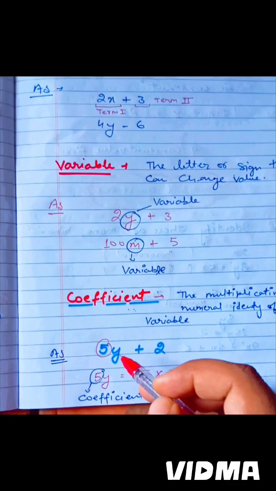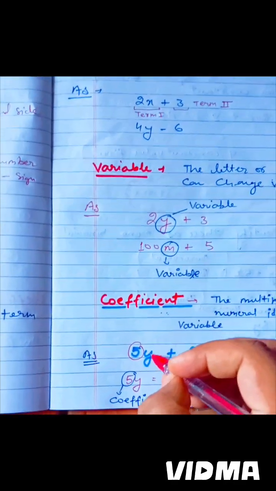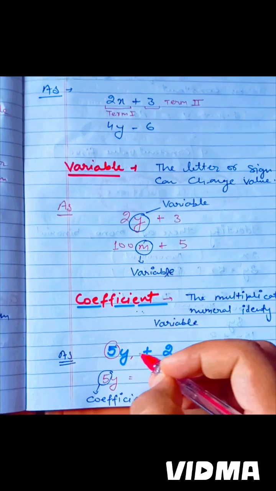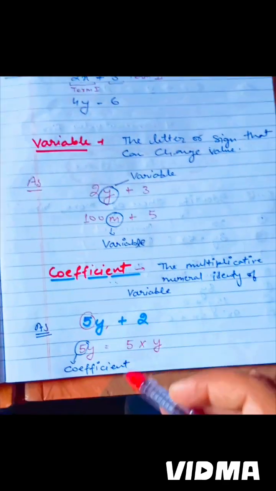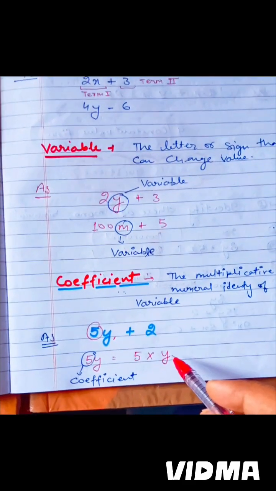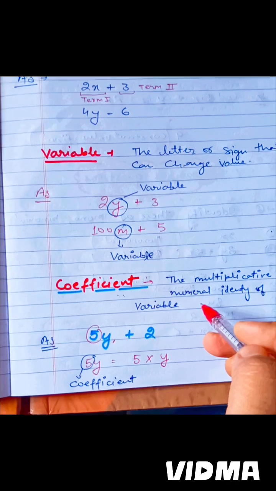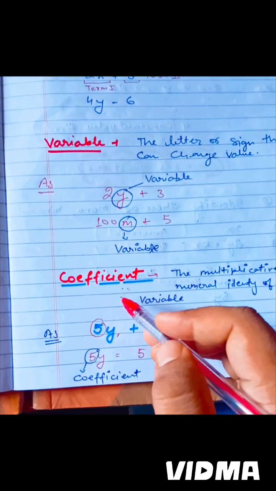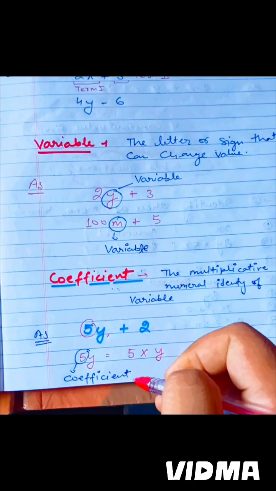You have seen that is a variable y, which is formed by the multiplication of 5. You see 5y consists of 5 multiplied by y. So the multiplicative numeral identity of the variable is the coefficient. So the 5 here is the coefficient.